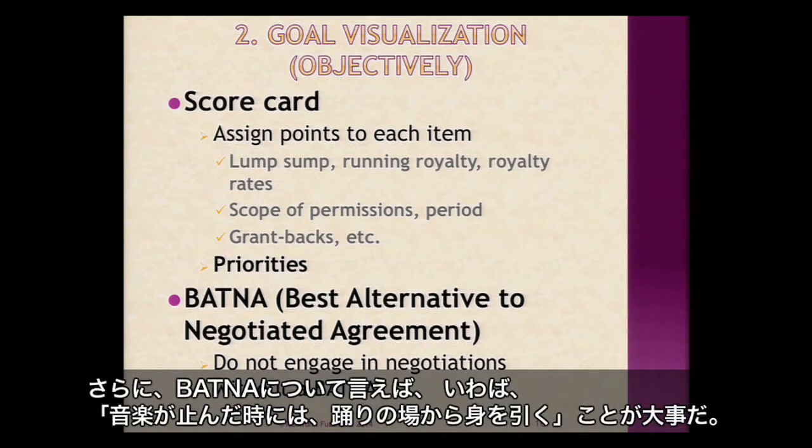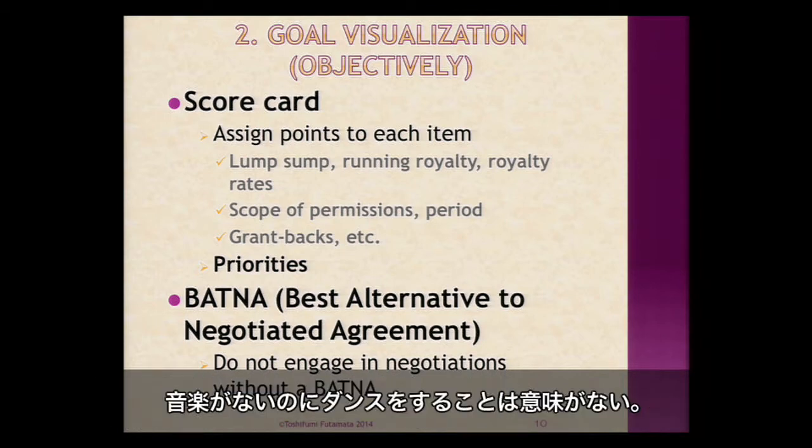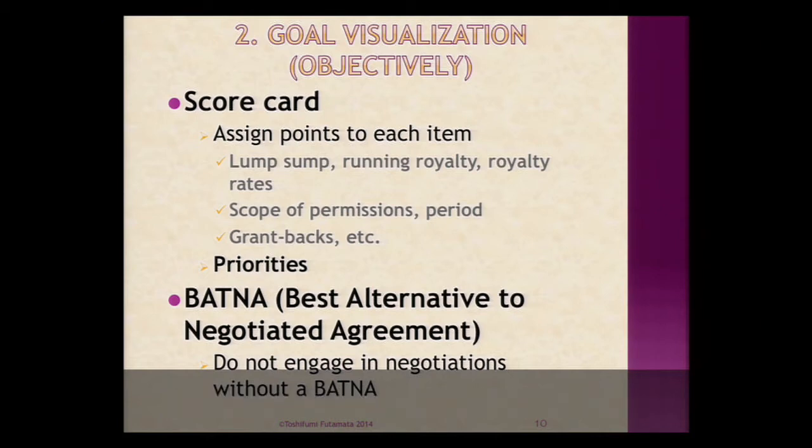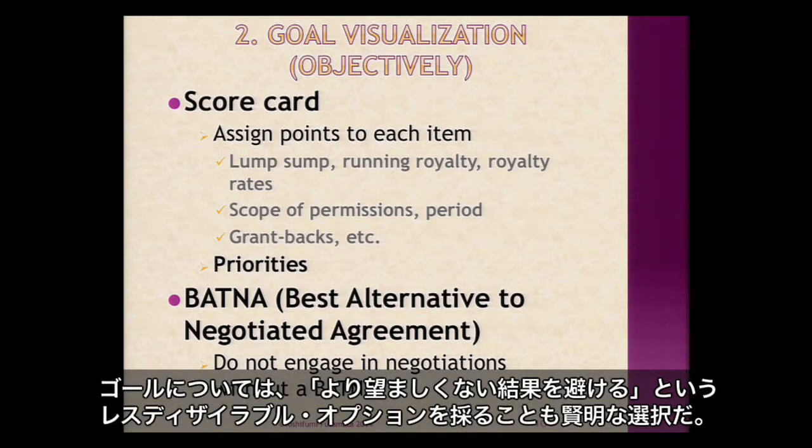Besides BATNA, you should keep in mind when the music stops and it's time to leave the dance floor, it is often said. Without music, there is no meaning in continuing to dance. Regarding the goal, it is wise to know that there is no solution to avoid the least undesirable outcome and take the sub-optimal option.